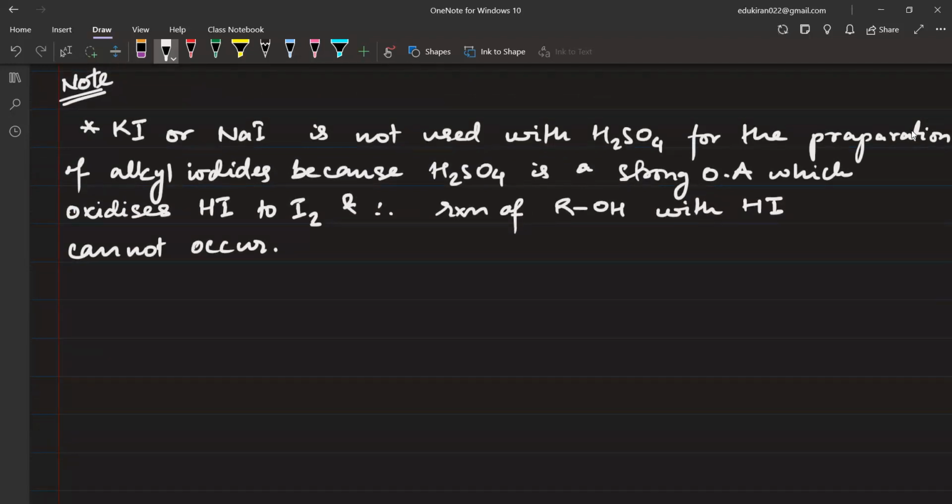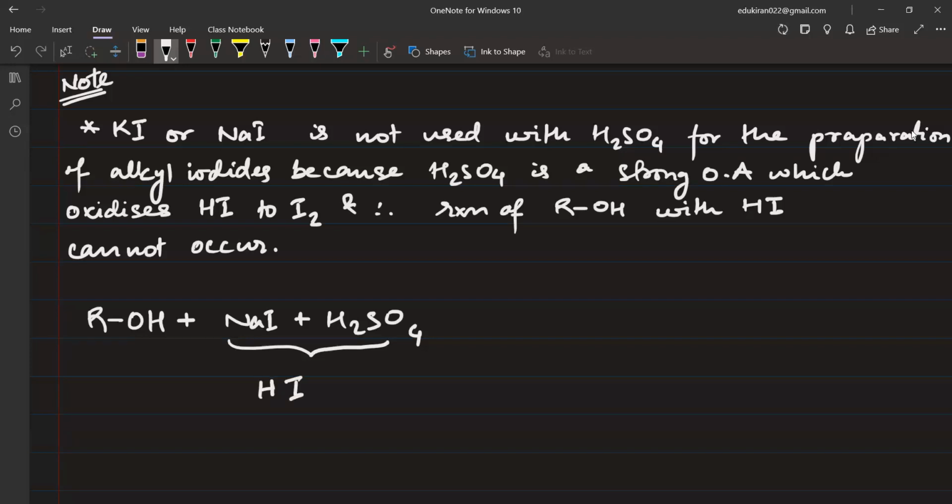Now, when we are trying to make alkyl iodide using these reagents, I will use alcohol plus sodium iodide or potassium iodide and H2SO4. Some of the potassium iodide and H2SO4 will react with each other and form hydrogen iodide, HI.